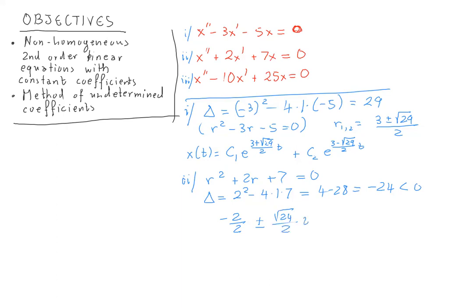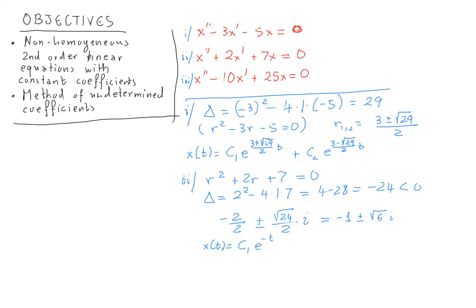You can simplify it, obviously. So this will be minus 1 plus or minus, now square root of 24, that's 2 square root of 6, right? So that will cancel with the 2, giving you square root of 6 times i. And your solution is going to be x of t is equal to c1 times e to the negative t.